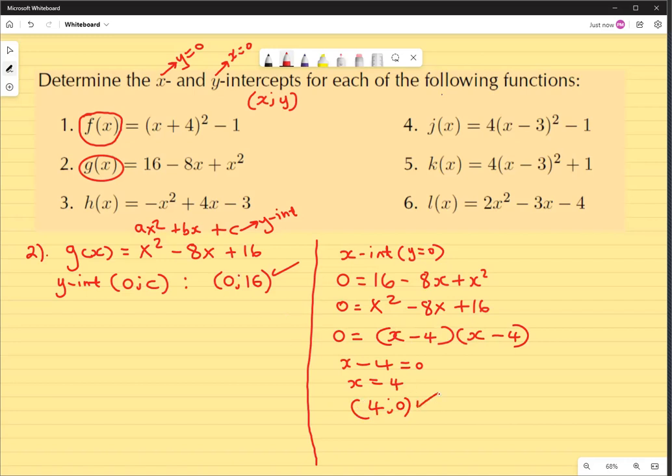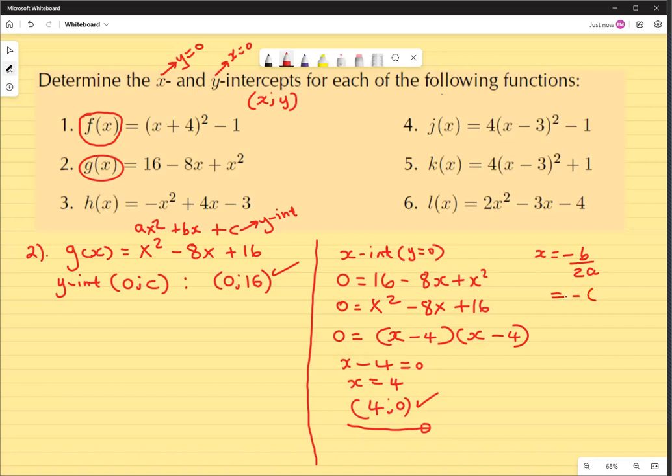Okay, so that is my y-intercept. This is my x-intercept. And ladies and gents, if I have one x-intercept, it means this will be my turning point. It means I'm touching the x-axis with the turning point. I can prove to you here, just doing quickly, the x value in the turning point. Remember, we use negative b over 2a, right?